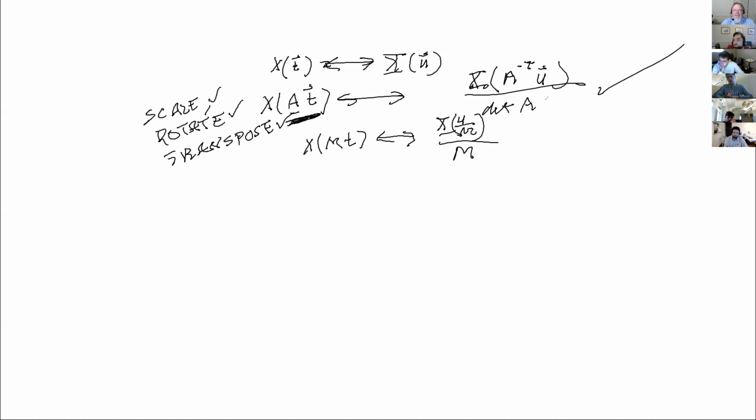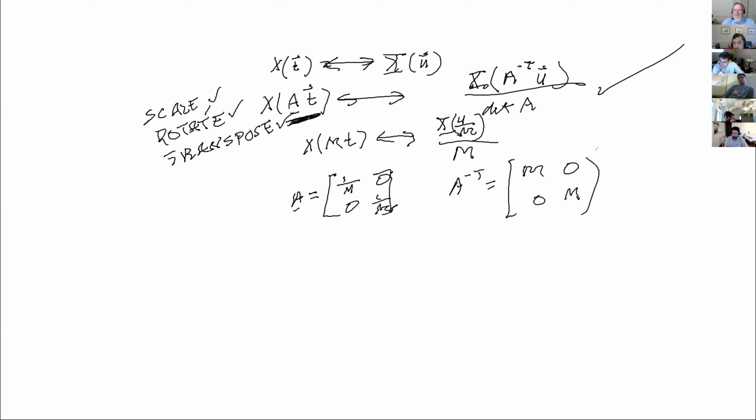And what Glauco is saying is that he used this in order to demonstrate this, because what is A? At least in the two-dimensional Fourier transform, it's 1 over m times 1 over m. This is something very similar to what we've just seen before. So if this is A, what's the inverse transpose? That's the inverse transpose, right?